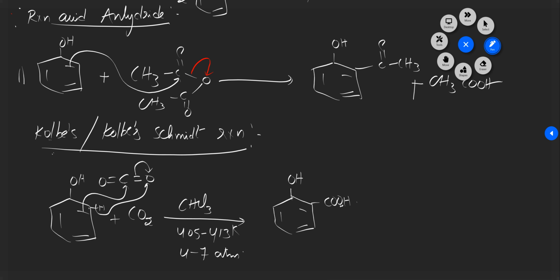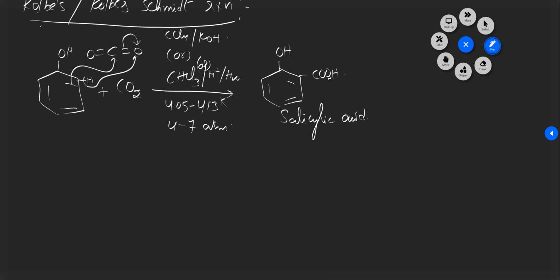Next one is the Gattermann reaction. The Gattermann reaction is nothing but the phenol reacting with hydrogen cyanide in the presence of HCl gas. Under acidic hydrolysis, it converts into aldehydes. Benzaldehydes are formed. Ortho-hydroxy benzaldehyde or para-hydroxy benzaldehyde is formed by this reaction.